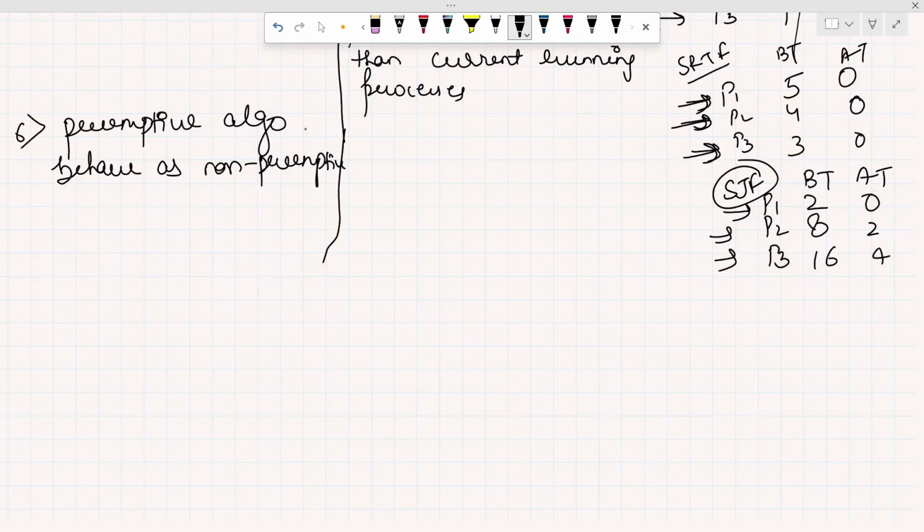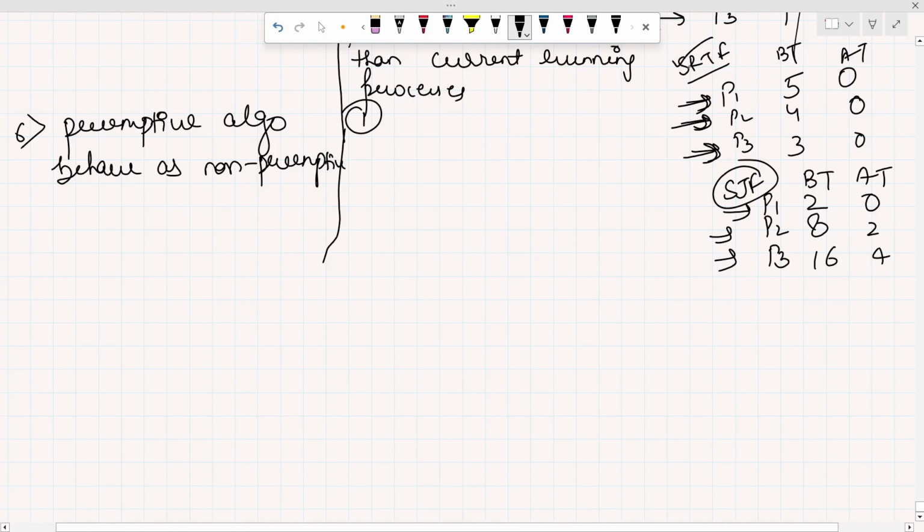Okay. So now, what are the points when a preemptive algorithm behaves in a non-preemptive way? When all the processes arrive together, the same thing that we discussed a couple of minutes before. When all the processes come at the same time, SRTF is a preemptive algorithm, no?